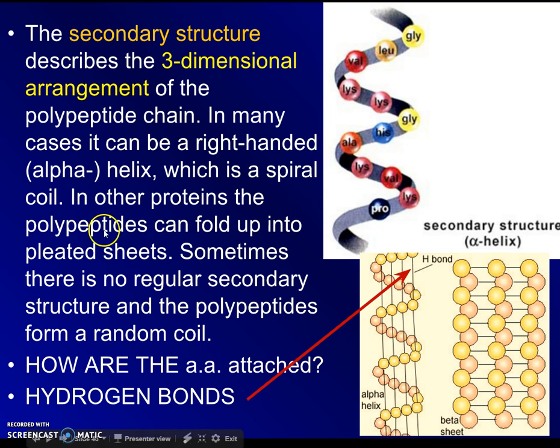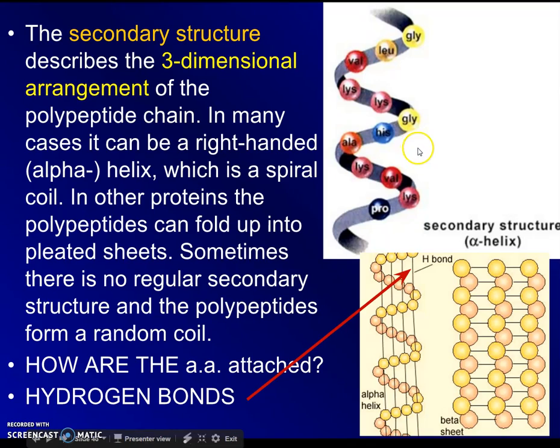In other proteins, polypeptides can fold into sheets. Sometimes there's no regular secondary structure, and the polypeptides form a coil. How are the amino acids attached? By hydrogen bonds. So they're actually attached here longitudinally, as well as attached here by peptide bonds. They're attached by hydrogen bonds here.